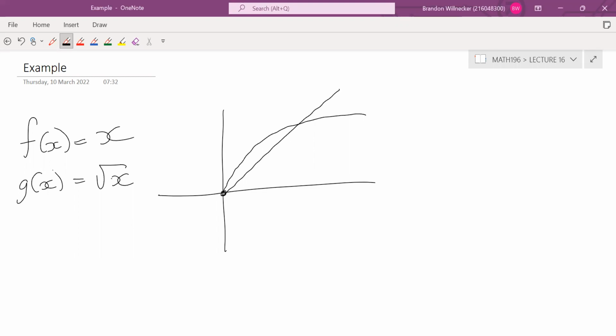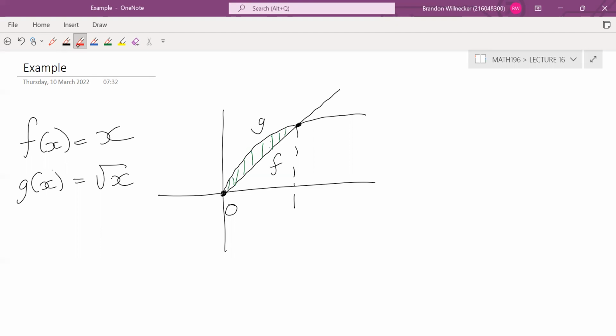Okay, so I'm only drawing the positive part of f because g only exists in the positive x domain. So we're only interested in that part. So this intercept here is going to be 0, and this intercept here is going to be 1, because that's the only point where x is equal to root x. One's at 0, the other is at 1. Okay, and this is the area that we are interested in. So we see that the upper function is root x, so that's going to be g, and the lower function is x, that's given by f.